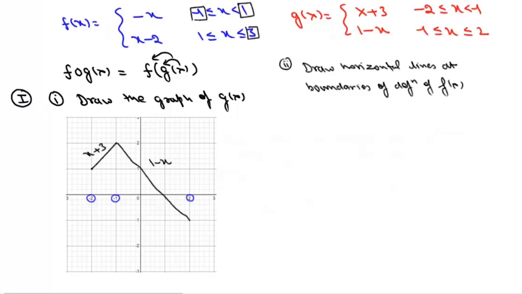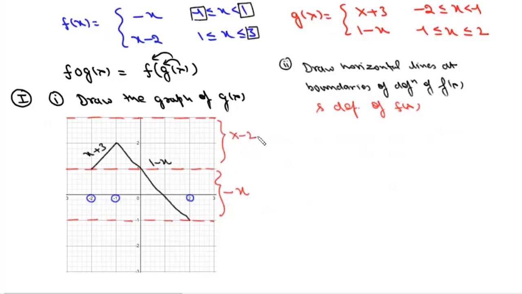So we'll draw a horizontal line at minus 1, we'll draw a horizontal line at 1, and we'll draw a horizontal line at 3. In addition to it, we'll write the definition of f(x). Now when x lies between minus 1 and plus 1, the definition of f(x) is minus x. So we'll write minus x in between these two lines. And when x lies between 1 and 3, the definition is x minus 2.